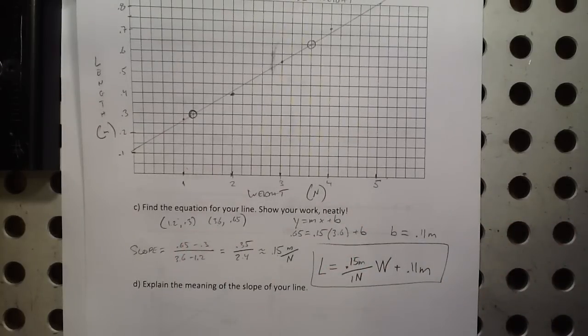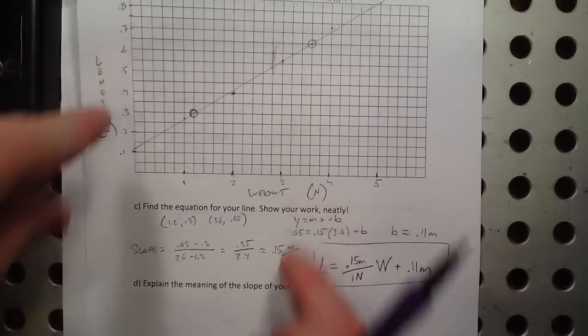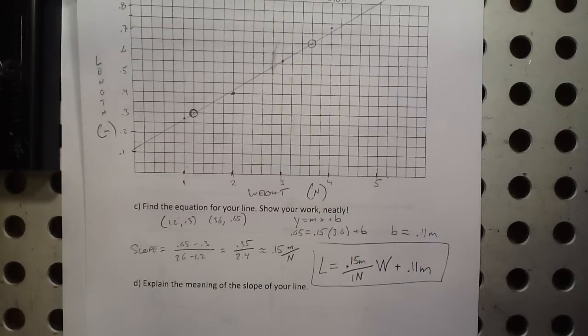There's the equation for my line. Don't give me no y's and x's here, right? I'm going to use the quantities that we're working with. What's the meaning of the slope of the line?